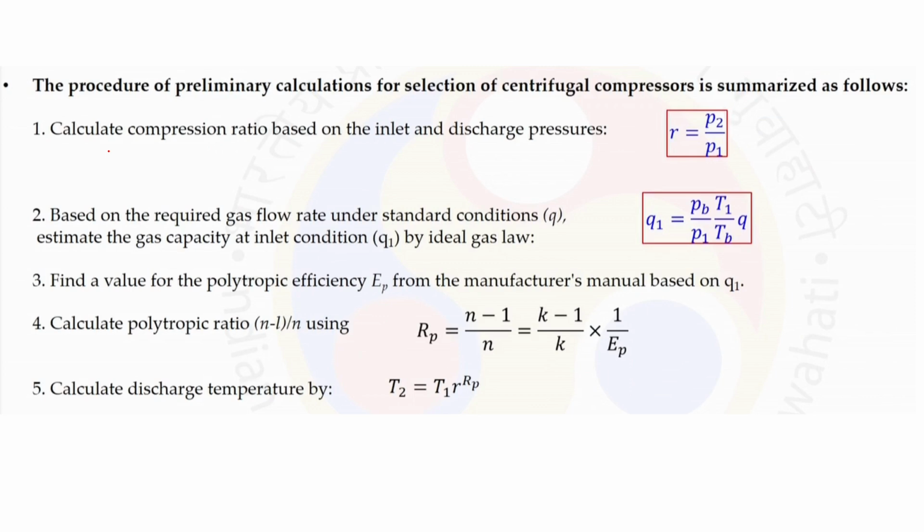Find a value for the polytropic efficiency Ep from the manufacturer's manual based on Q1. Calculate the polytropic ratio (n-1)/n using this equation, and calculate the discharge temperature by the equation T2 equals T1 times R to the power of the polytropic ratio.